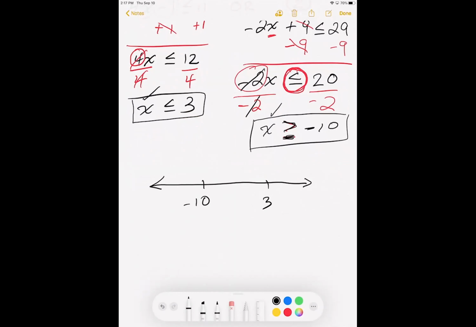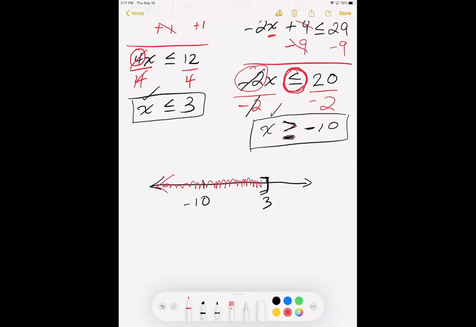Let's take a look at 3. First of all, we know that at 3, we're using a bracket, and x is less than 3. You agree that x less than 3 is this good region here. Any of the numbers to the left of 3 is less than 3.